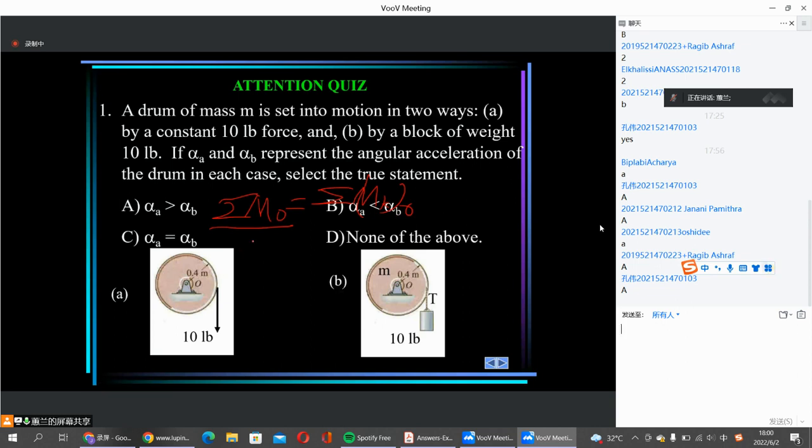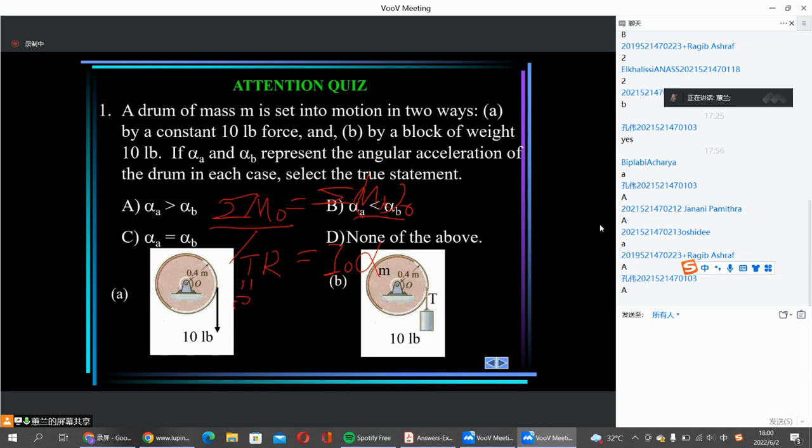So for this case it will be T times R, right? T equal to 10 pound, right? For this one, if we only consider the disk, it will equal I_O alpha.